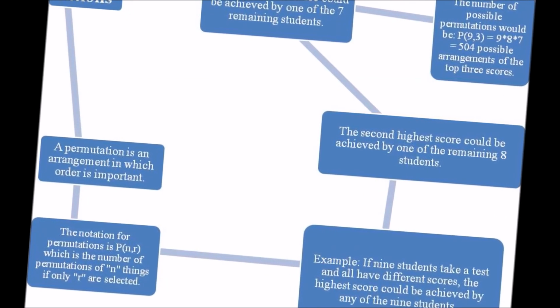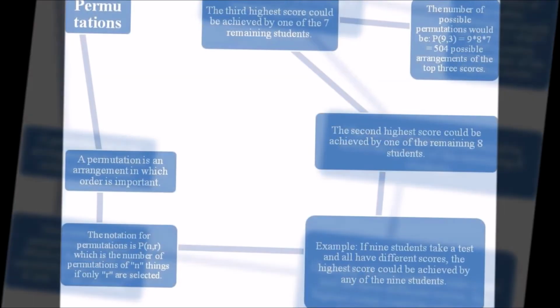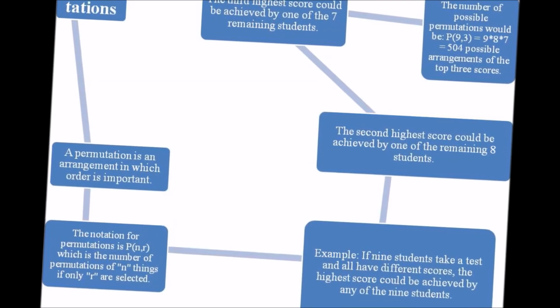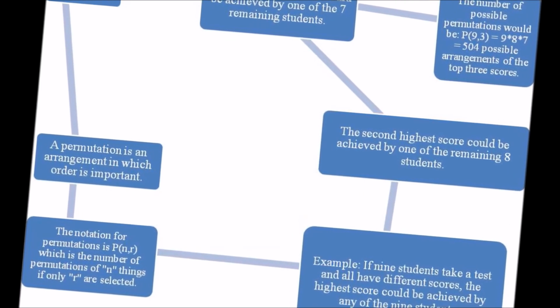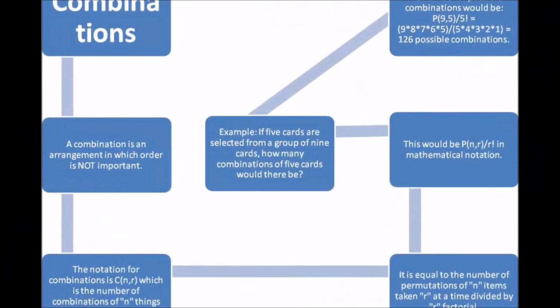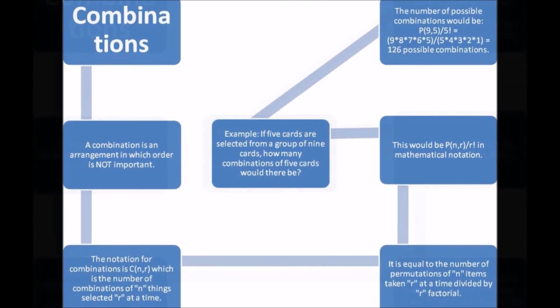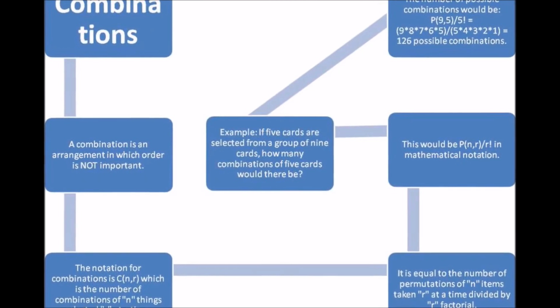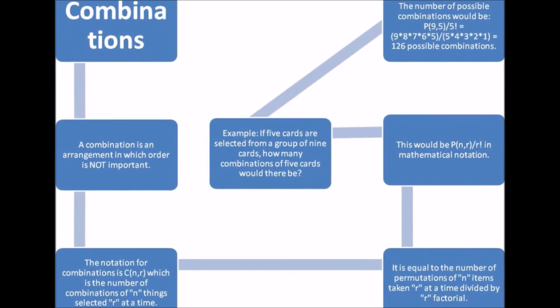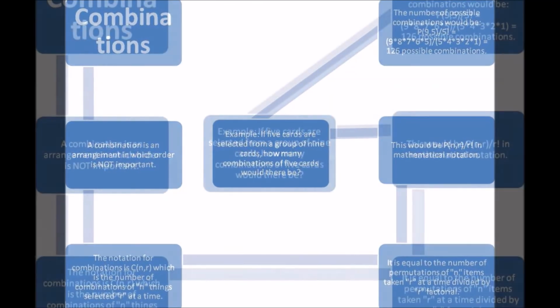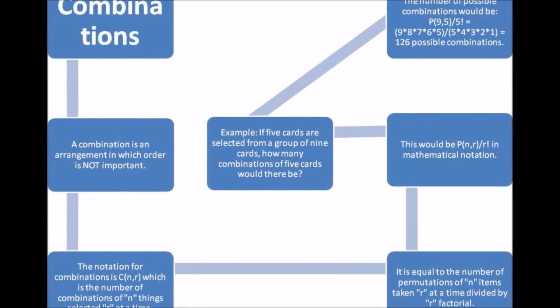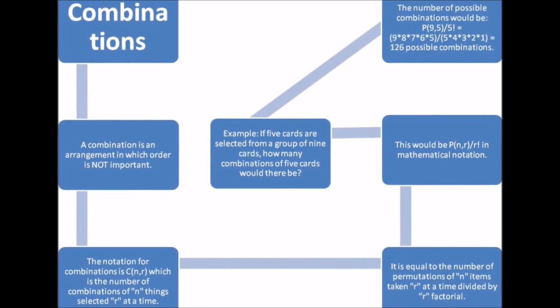Permutations. A permutation is an arrangement in which order is important. Combinations. A combination is an arrangement in which order is not important. The notation for combination can be the number of combinations of the n things selected r at a time.